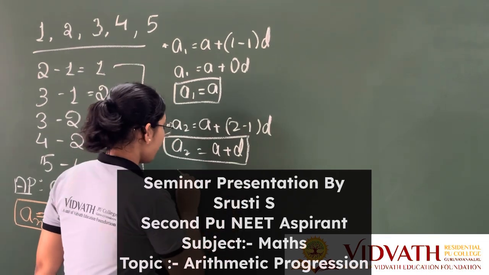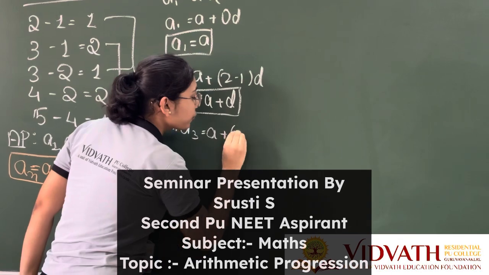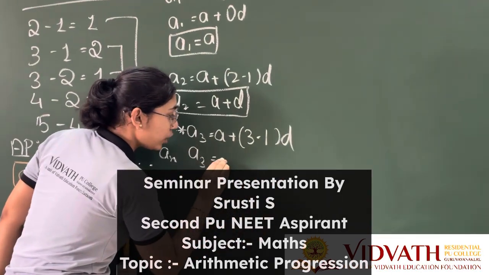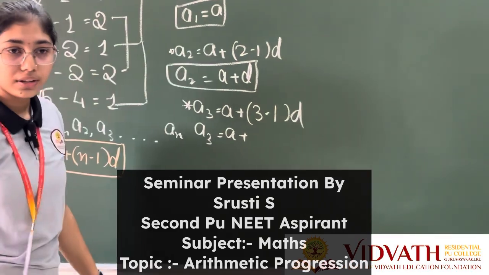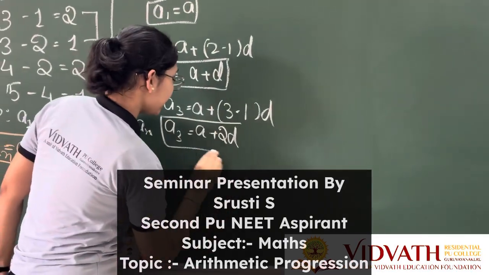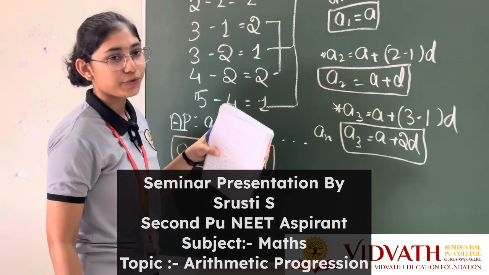Then, what about the third term? A3 is equal to A plus of 3 minus 1 into D, which is A plus 2D. This is the third term. Then, how can we represent AP in this form?